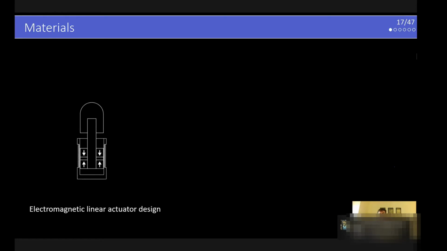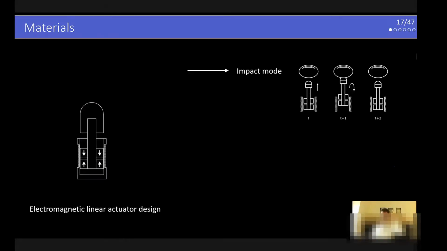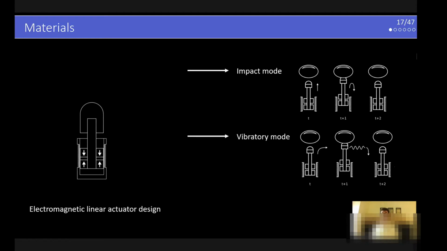The actuator is based on the electromagnetic linear actuator design. It's made of a moving part that moves vertically and that has magnets, and a static part that is surrounded by a coil. So when you activate the coil, you make the moving part go up, and it goes down if you turn off the current. From that we can recreate our impact mode, and we can also make the shape of the top of the actuator similar to a fingertip.